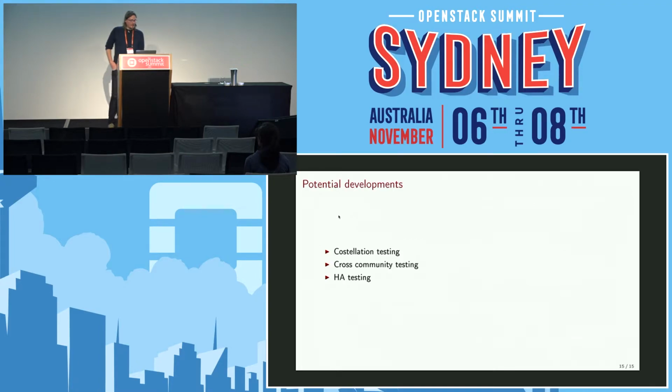Other things that we may look into, depending on the outcome of that as well: you may have been hearing about Constellation. If you heard about the TC vision, one of the points there was Constellation.